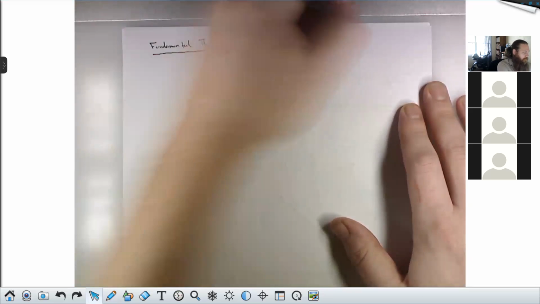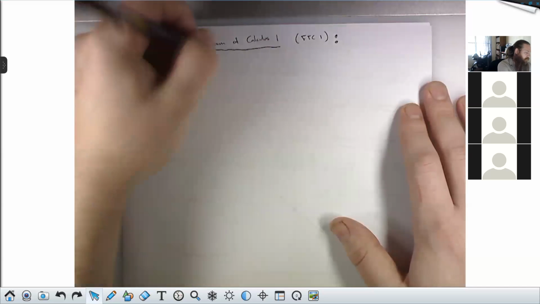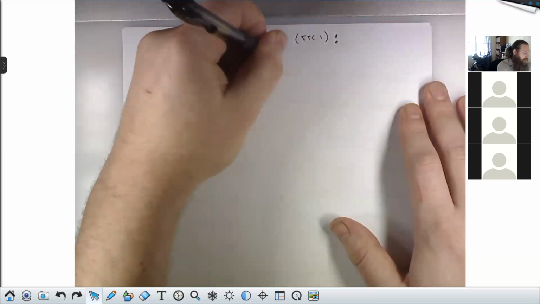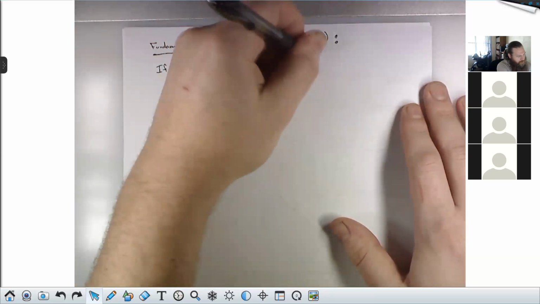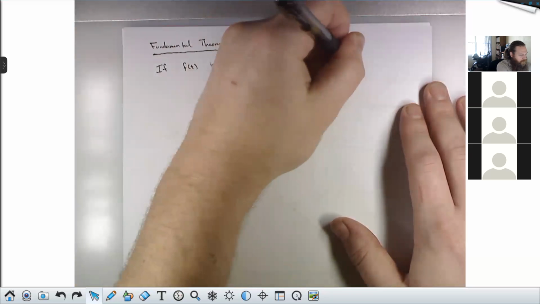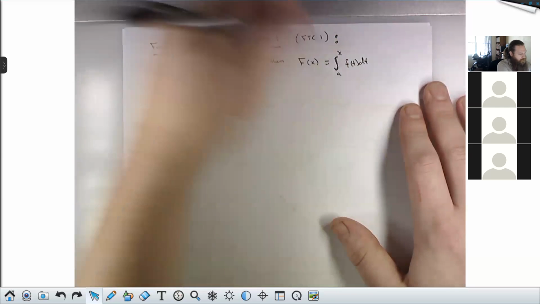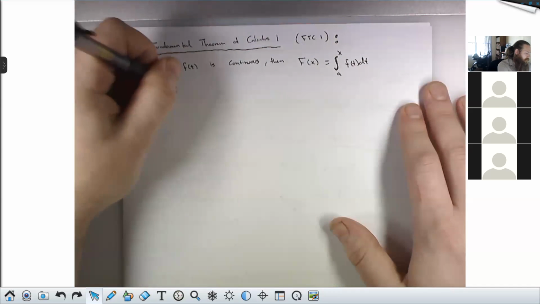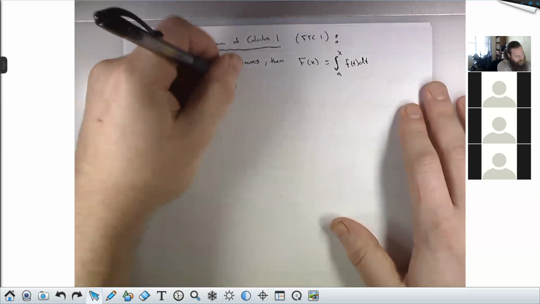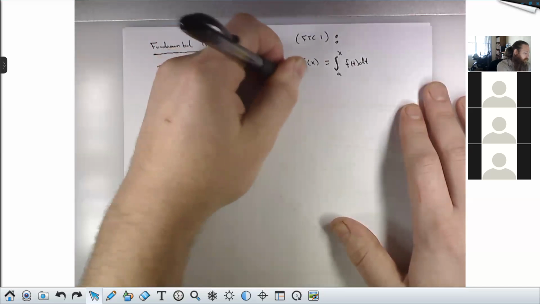What this says is, if little f of t is continuous, then the function big F of x, defined as the integral from a up to x of little f of t dt, this function, which remember for us came out to x squared, is differentiable. And big F primed of x is equal to little f of x.